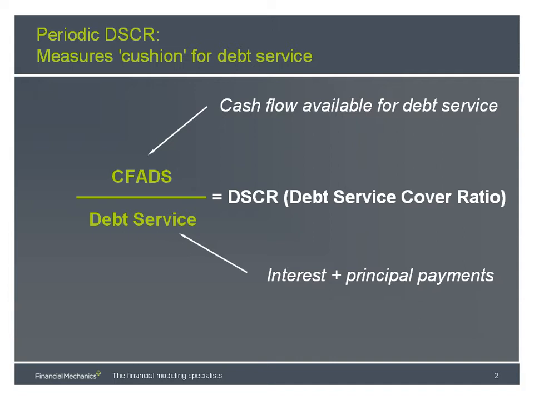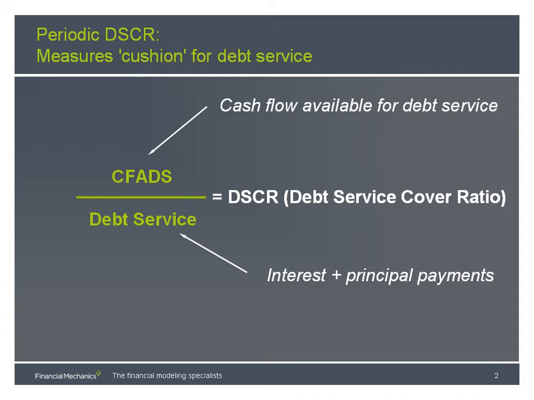In a situation where that cover ratio is below 1, there will therefore be a requirement to draw on cash reserves. And if those cash reserves are insufficient, in fact, debt service will not be payable. So if there's not a cash balance or a debt service reserve account that's properly funded, you will likely be in default as the borrower.